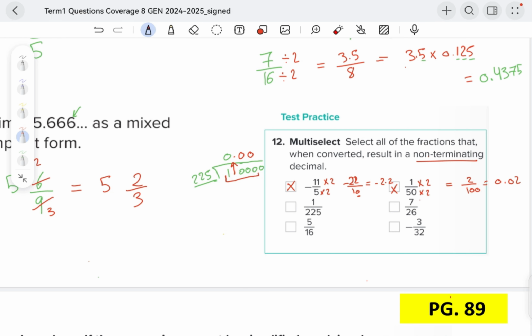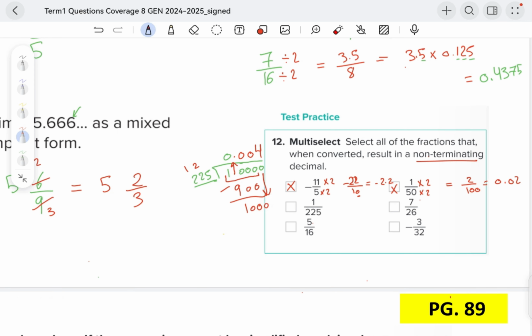1000 divided by 225. Let's try 4. 4 times 5 is 20. 4 times 2 is 8, plus 2 is 10. 4 times 2 is 8, plus 1 is 9, so 900. 1000 minus 900 is 100. Bring down the next digit.